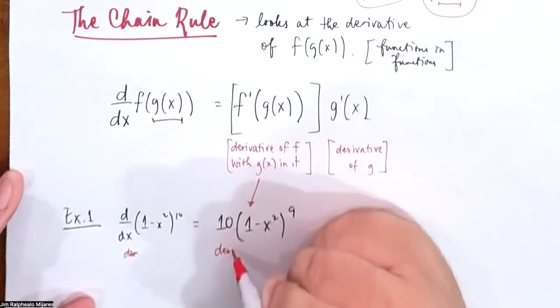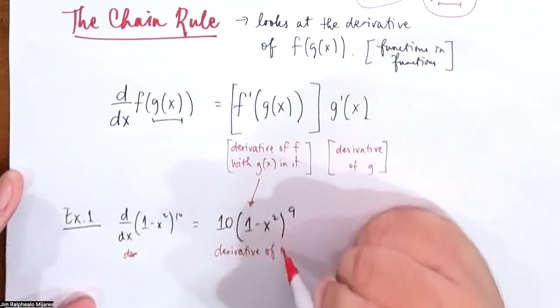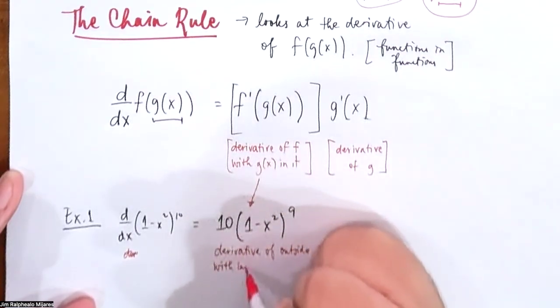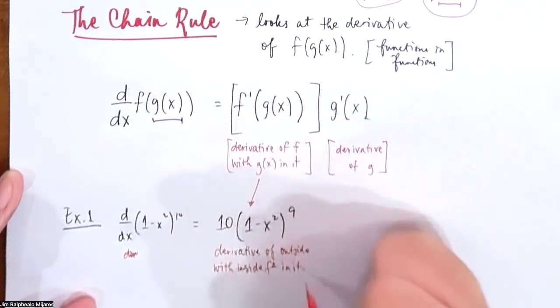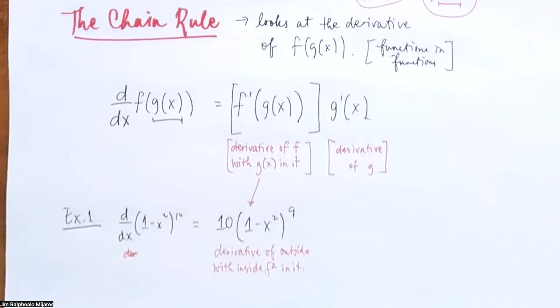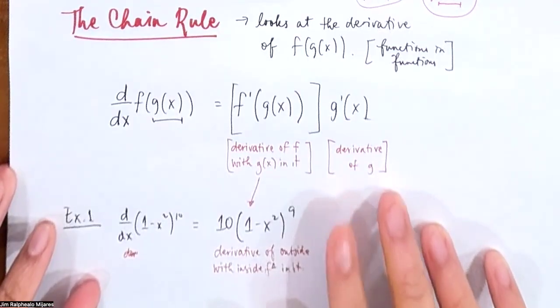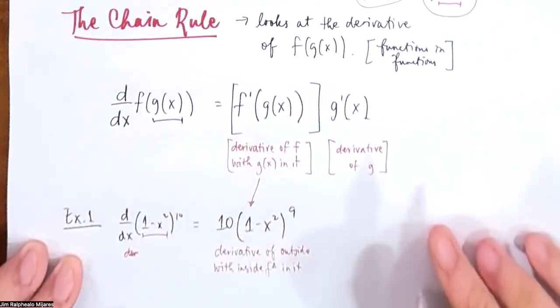It's the derivative of the outside with the inside function in it. Okay? Then we're not yet finished. We still need to find the derivative of the inside, which is this one, of g.